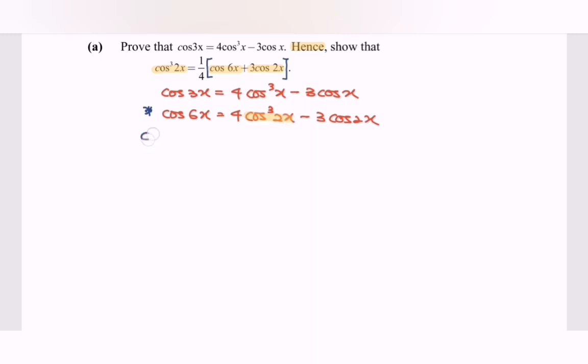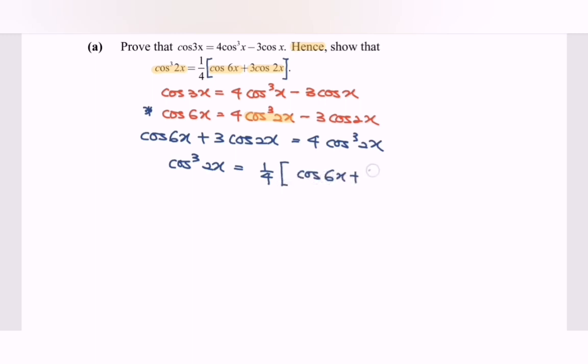So we have cos 6x plus 3 cos 2x equals 4 cos cube 2x. Finally, cos cube 2x will be equal to 1 over 4 bracket cos 6x plus 3 cos 2x. And we have already shown the situation.